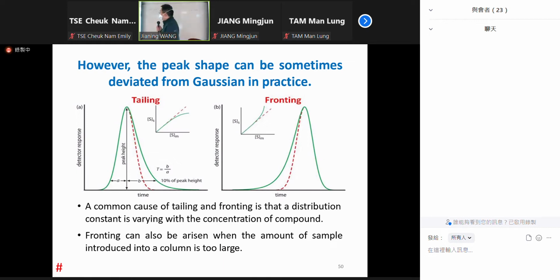If the tailing and fronting is not too severe, we can still treat them as Gaussian.